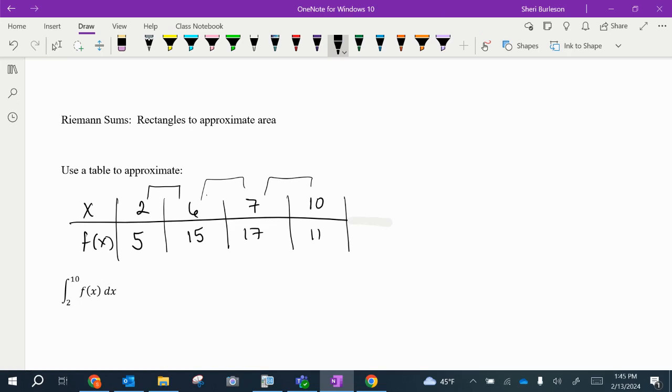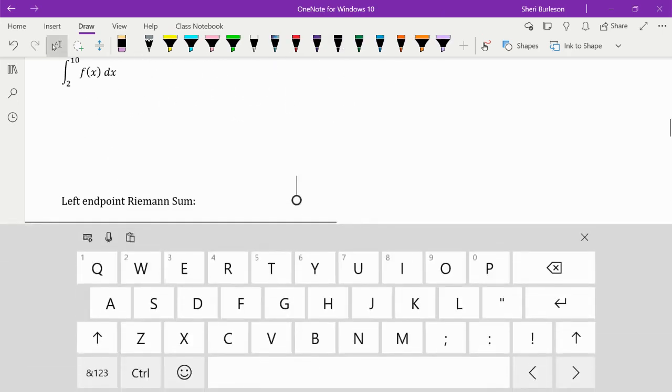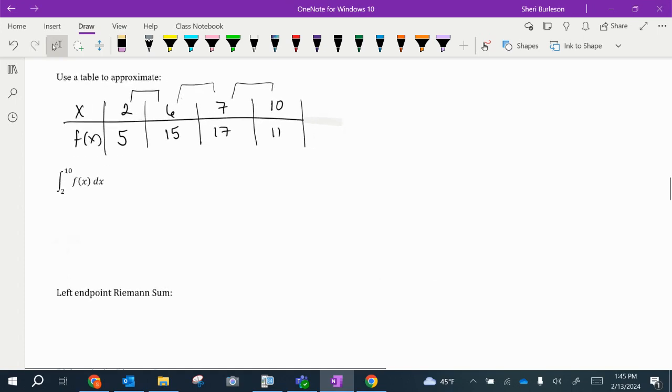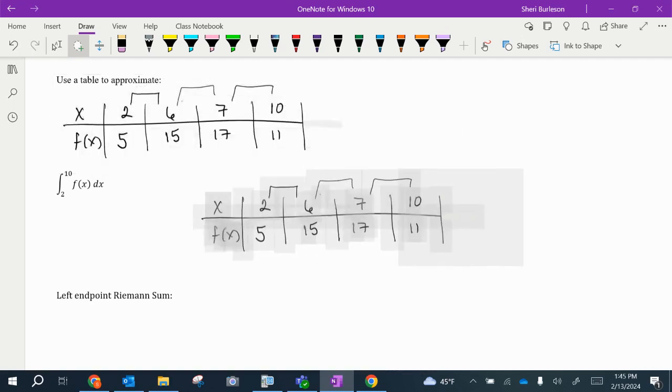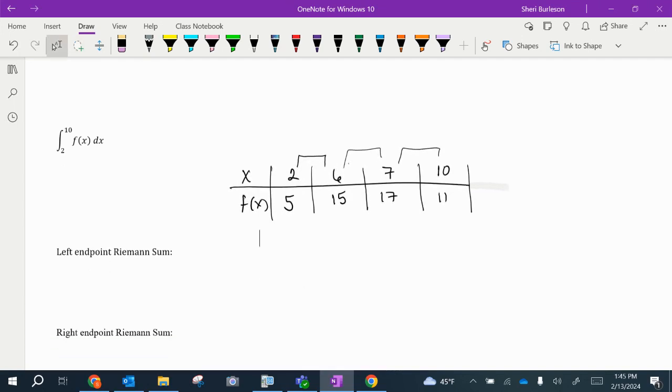So what we are going to do is approximate using this table, a left-hand Riemann sum and a right-hand Riemann sum. I should move the table down so we can see it. So the same idea, my left-hand Riemann sum.